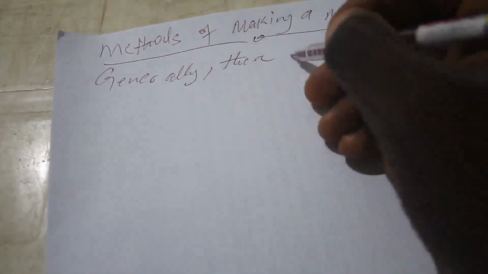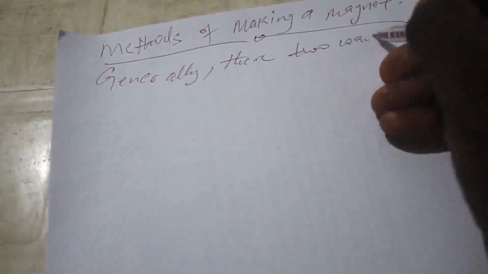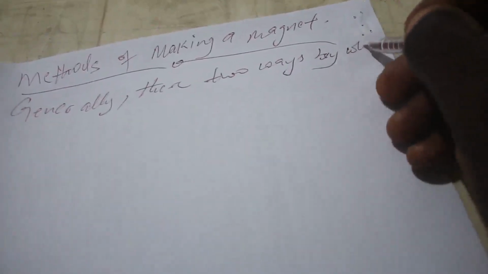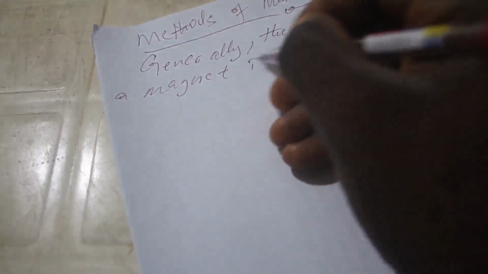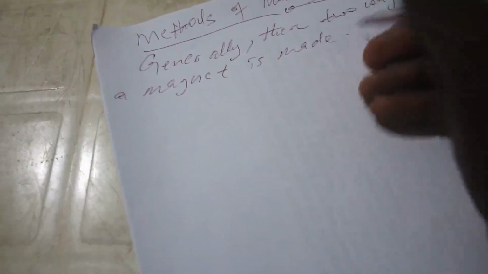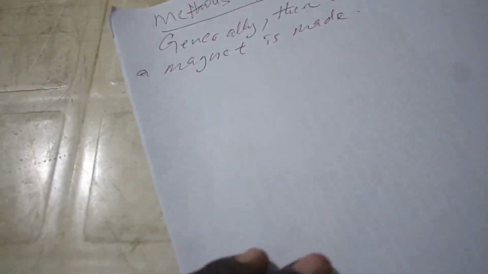Now there are generally two ways by which a magnet is made.